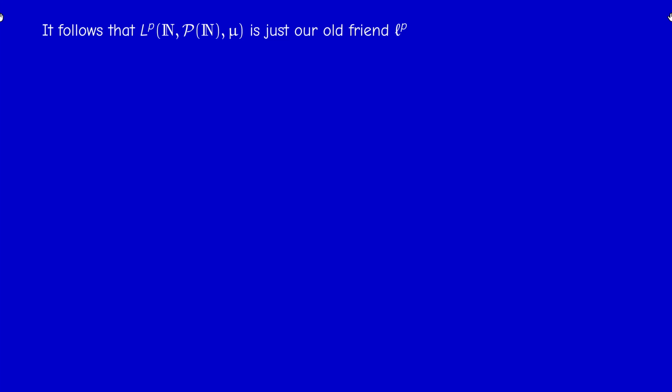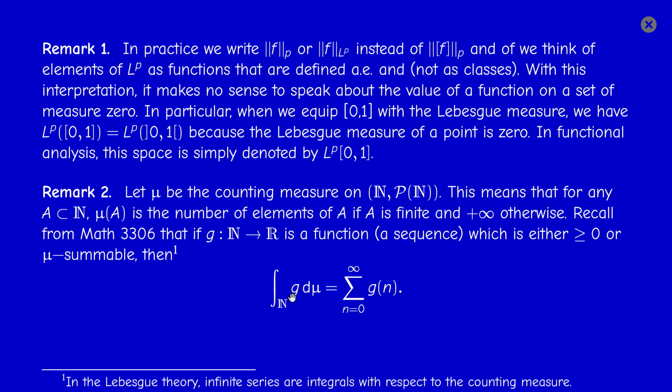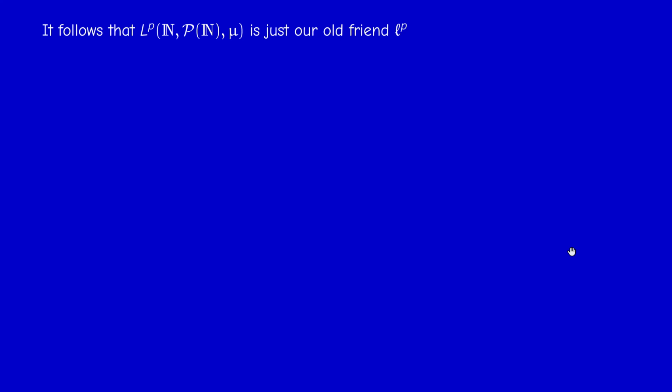Therefore, what is capital L^p(N, P(N), mu)? It's simply the space small l^p, the space of sequences (x_n) such that the series of general term |x_n|^p is convergent, because when we raise this to the power p, you just get |x_n|^p. So the small l^p spaces, including p equal infinity that we encountered in chapter 0, are particular cases of the Lebesgue spaces capital L^p.